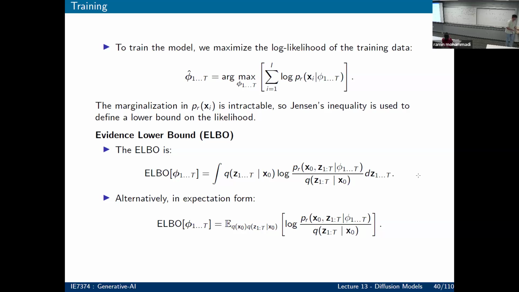Now, anytime we are trying to calculate this log likelihood and it's challenging, we can do it another way, similar to what you saw before, the ELBO. Instead of trying to directly maximize it, find the lower bound of it and maximize the lower bound.